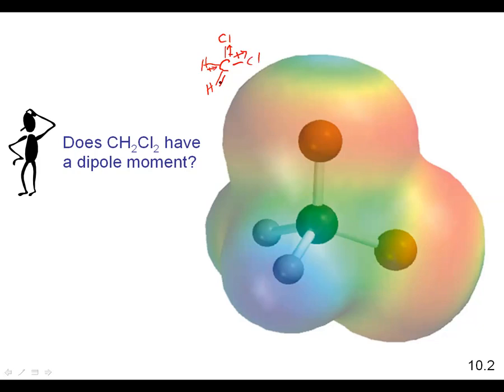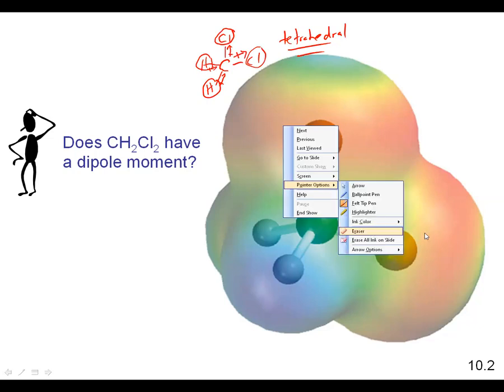So when we look at the geometry here, this is our tetrahedral geometry, which is a symmetrical geometry. But the difference here, though, is when we look at what is attached on the outside, we have some different guys attached. And because of that, this molecule should be polar in this case.